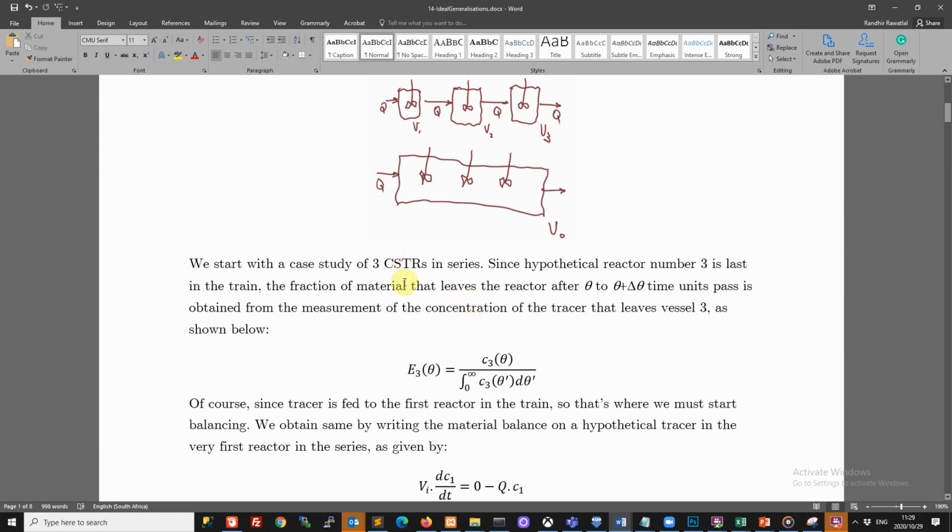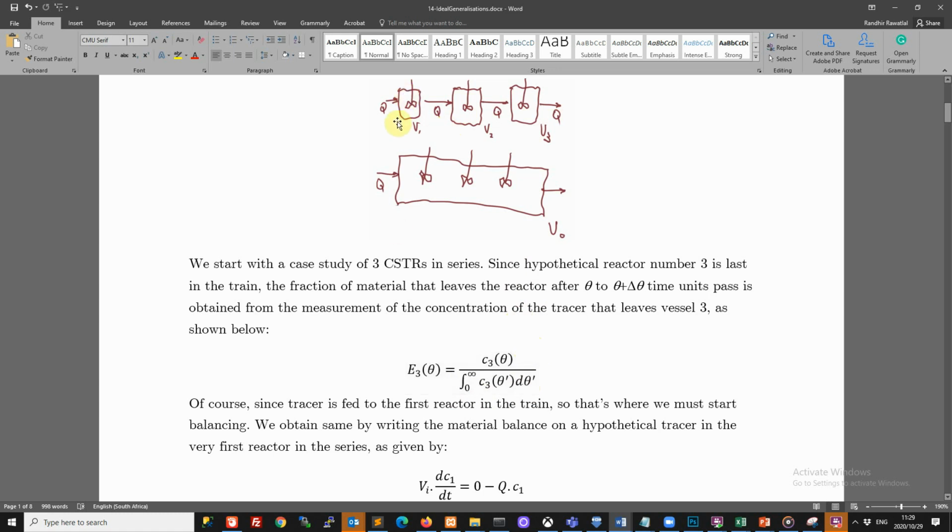If we want to know the RTD for three CSTRs in series, then we can say that the age distribution of interest, the exit age distribution, which we call E3, that we established for a pulse tracer experiment, is going to be the concentration that we measure at the exit from that third reactor divided by the concentration observed over all time at that same point. It's the same development using the same pulse tracer experiment.